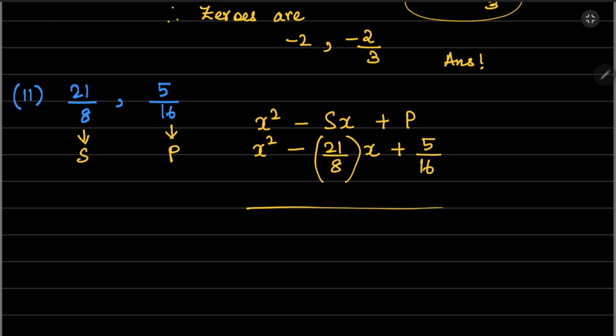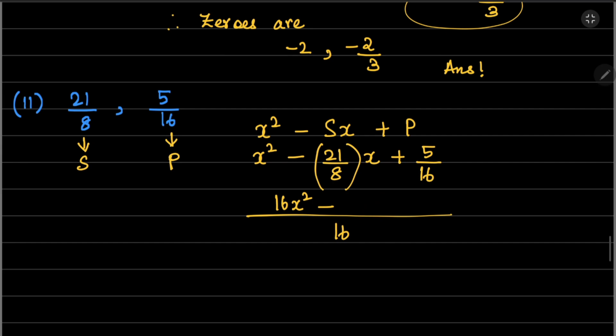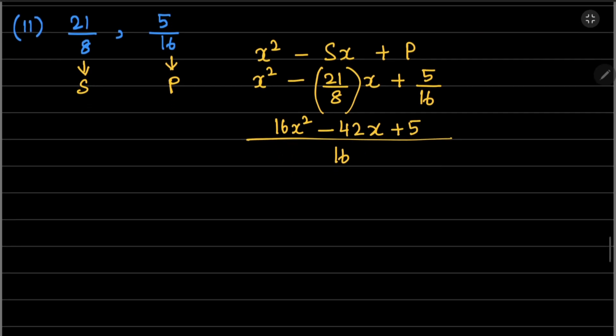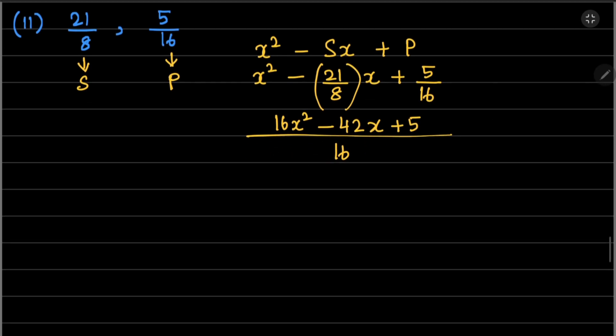So here the LCM is 16. So you'll have 16x square minus 8 multiplied by 2 is 16, so this multiplied by 2 into the numerator, that is 21, so it is 42x plus 5. On the whole, this will be equal to 0, so this 16 will go off.